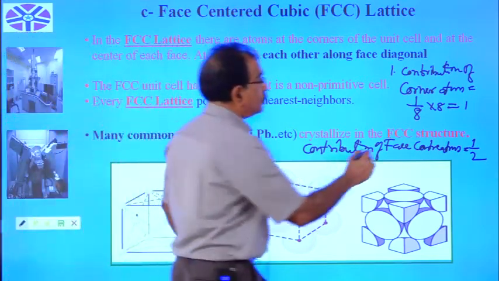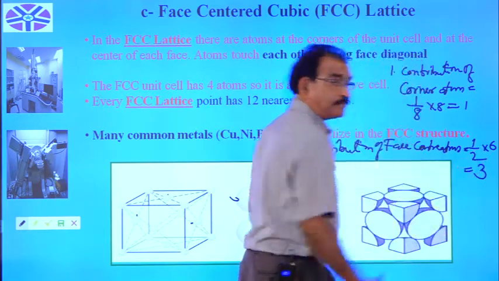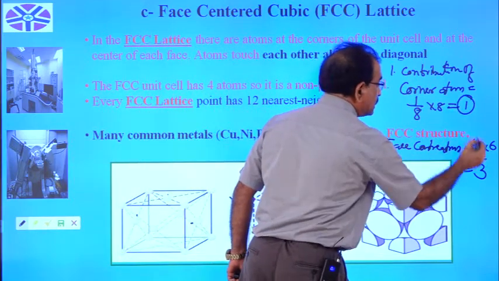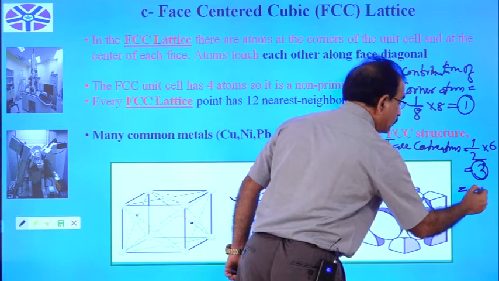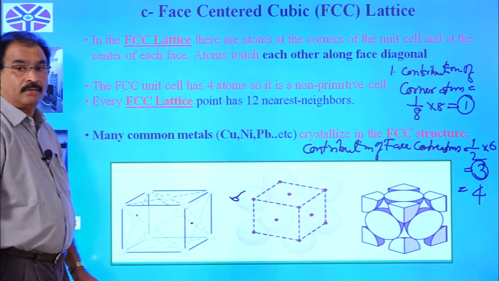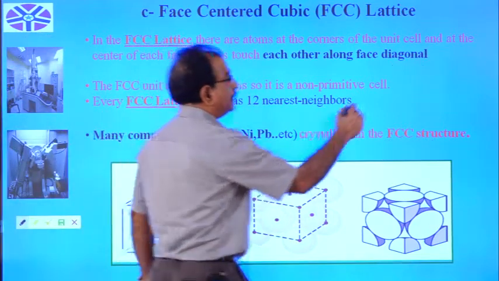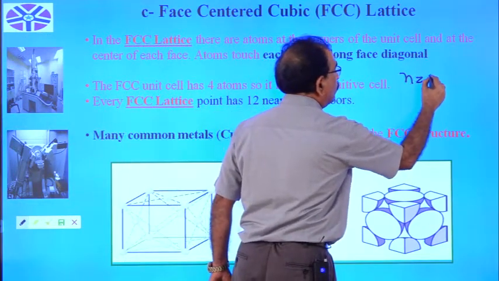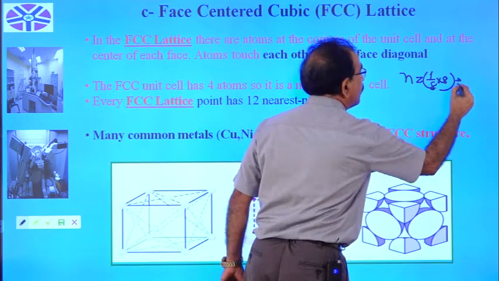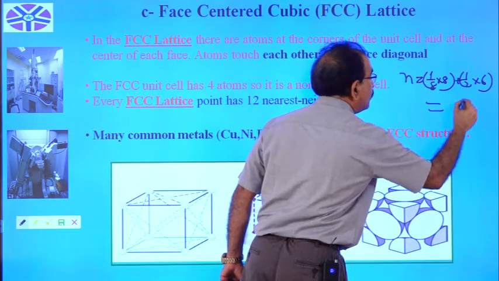So, 1/2 into 6 will come out as 3. So, what is the total? 1 plus 3, that is equal to 4. n is equal to 1/8 into 8 plus 1/2 into 6, which is equal to 4.